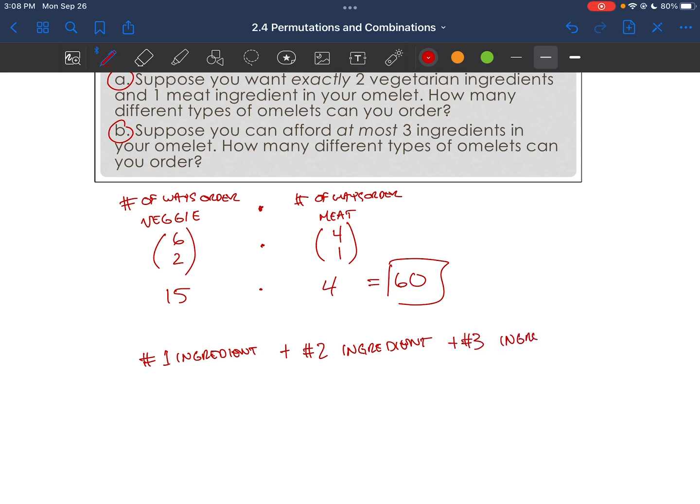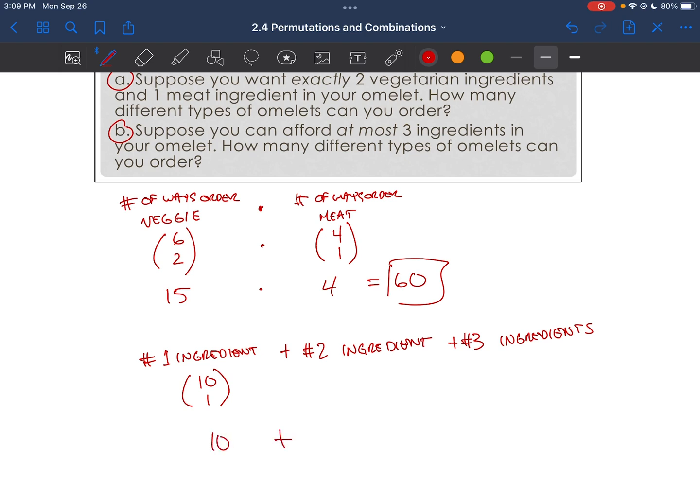So I'm trying to figure out the total number of ways this can happen, and I have to add them all together, because a 1 ingredient omelet is different than a 2 ingredient omelet, which is different from a 3 ingredient omelet. So if I have 10 ingredients total, I can choose 1. That's going to give me 10.